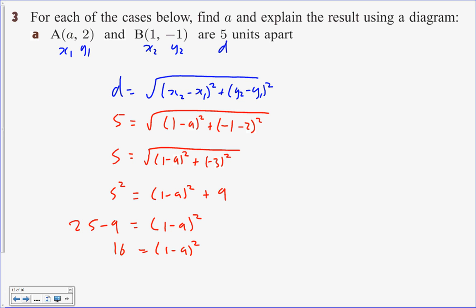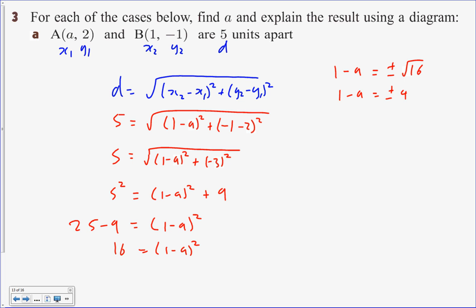Next step, opposite of squaring is square rooting. So I've got 1 take A, bracket, equals plus or minus square root 16. Because don't forget, we're going to have both a positive answer and a negative answer. So 1 take A equals plus or minus 4. So it can be both of them.